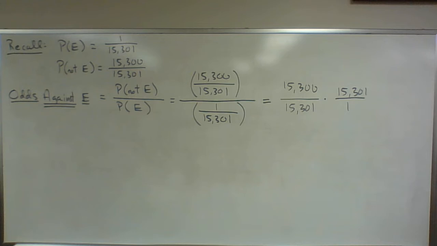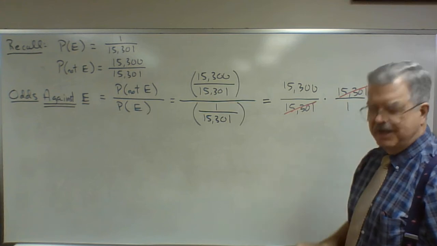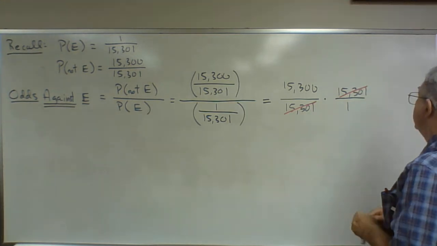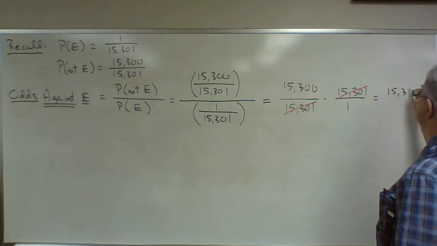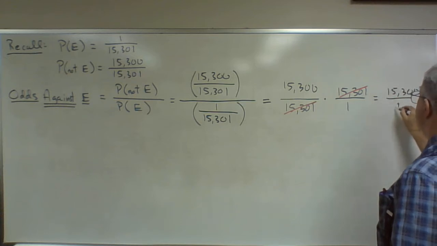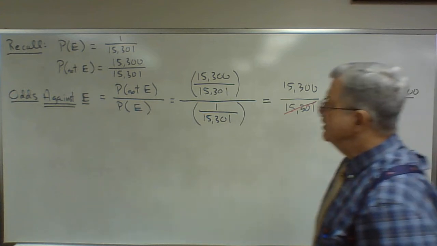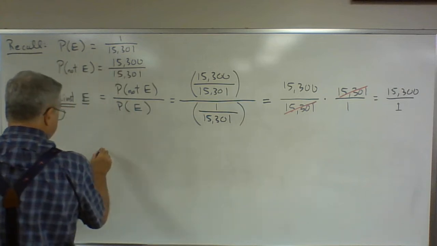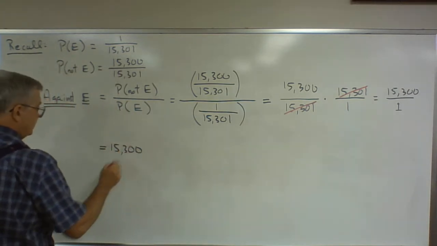And holy moly, we do get some canceling, thank goodness, because this was looking pretty ugly. And we get 15,300 over 1. Well, we divide anything by 1, that's just the number itself: 15,300.